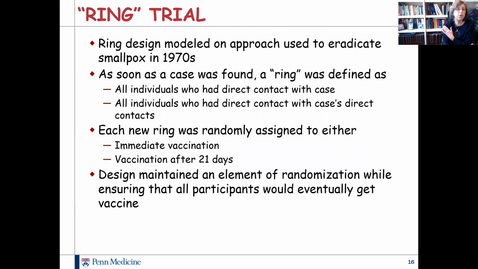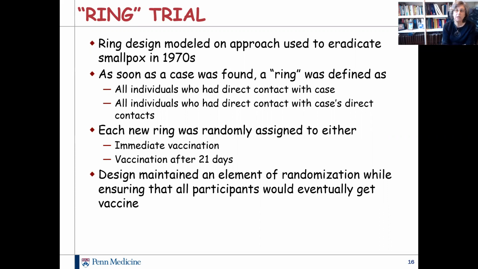So let's talk about the ring trial. The way this was designed was a ring was defined around an identified case. So there was a case, then all individuals who had direct contact with that case, and then all individuals who had direct contact with the case's direct contacts defined a ring. And then as soon as a ring was defined, each new ring was randomly assigned to either immediate vaccination or vaccination after 21 days.